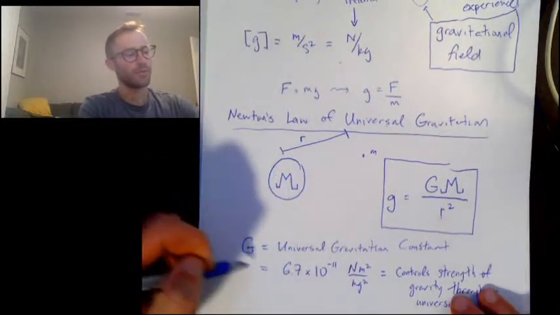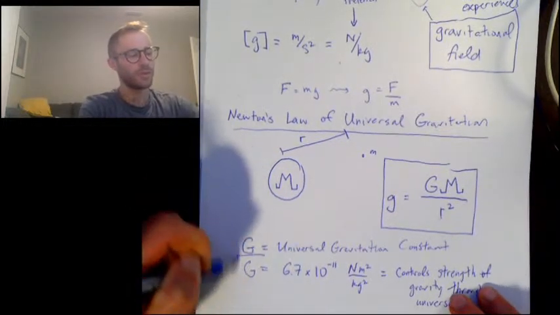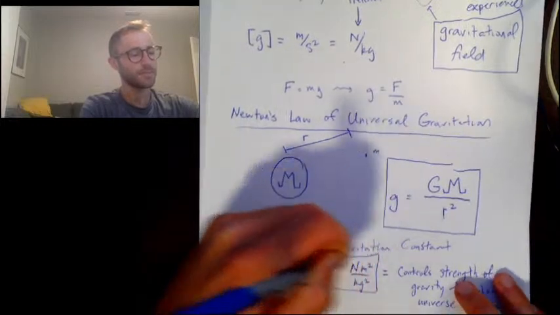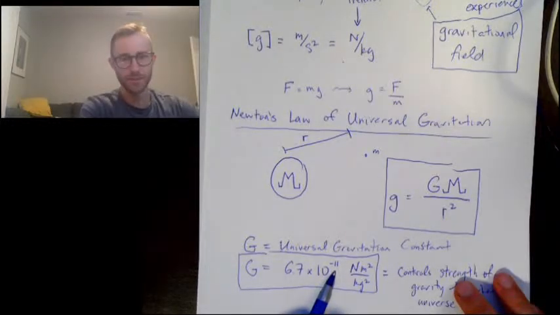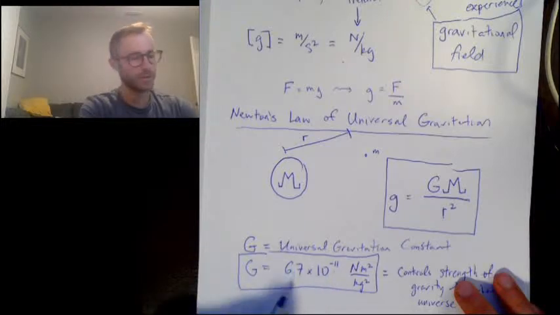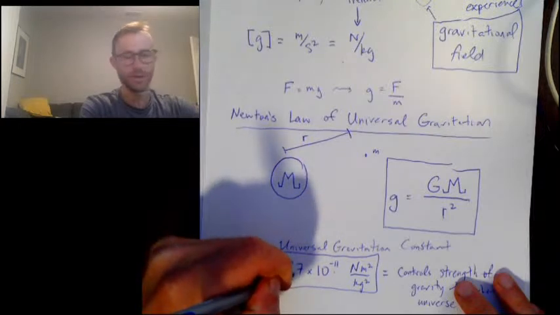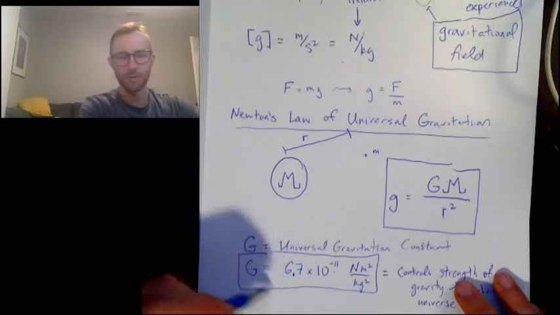Now, one of the things you want to notice here is that big G is not actually a big number. It's times 10 to the minus 11. So if we were to write this not in scientific notation, we would have to move the decimal point 11 places to the left.